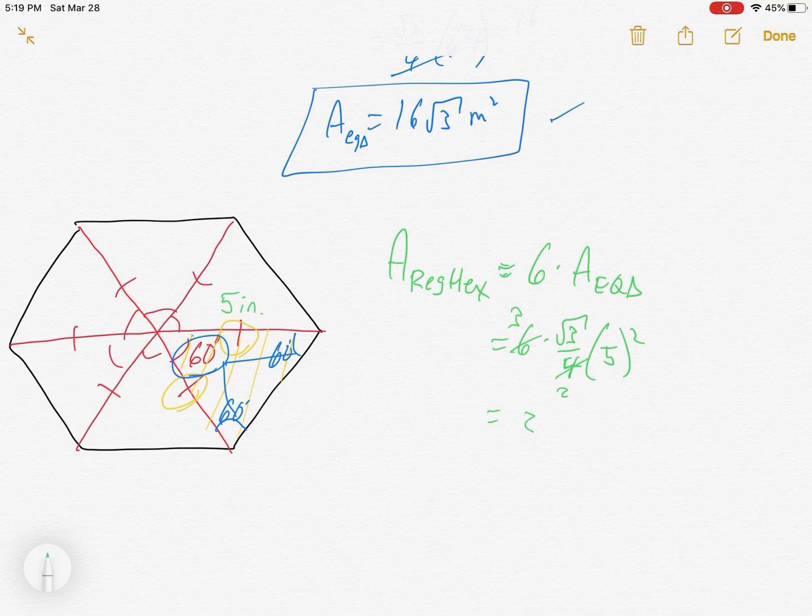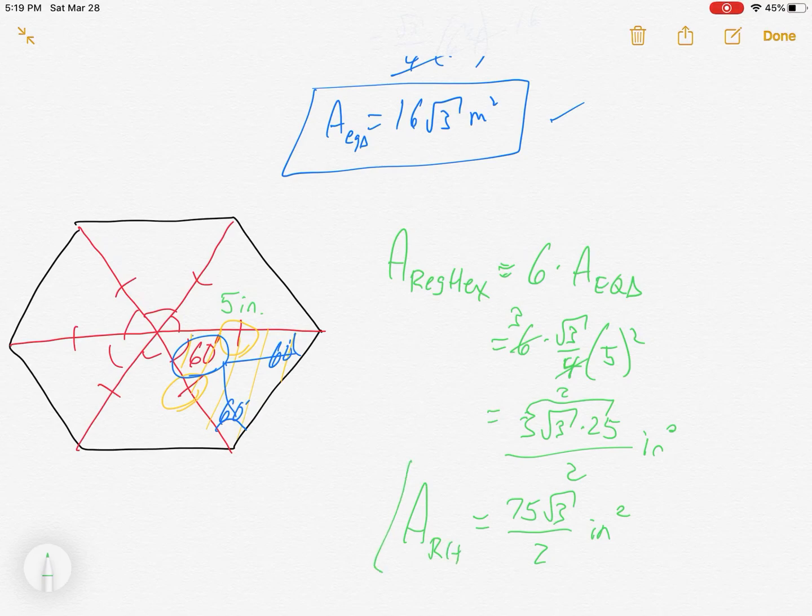So we end up with 3 times square root of 3 times 25 over 2 square inches. And 3 times 25 is 75. So this is 75 square root of 3 over 2 square inches. That's the area of the regular hexagon.